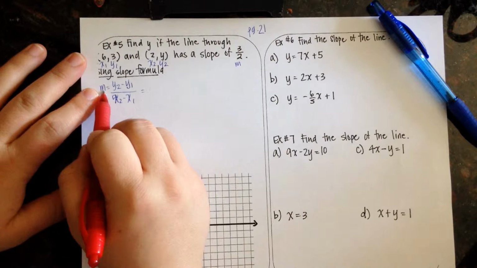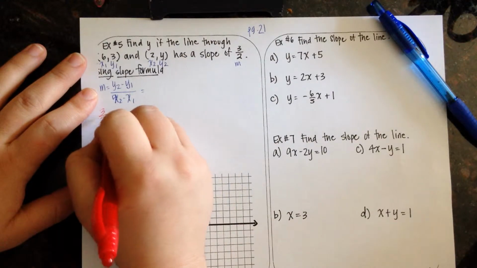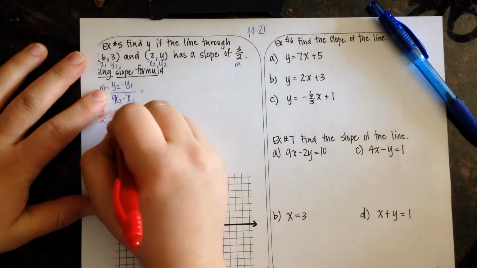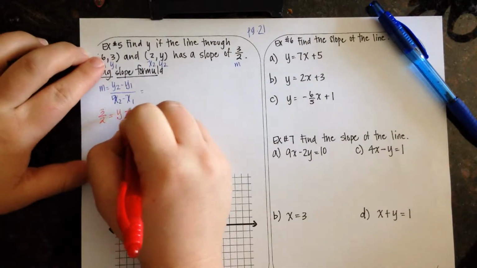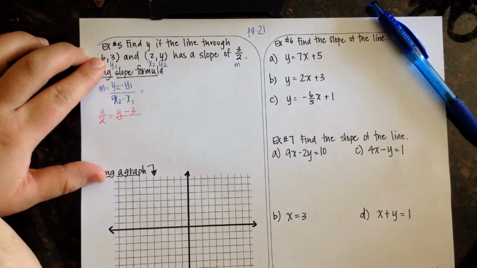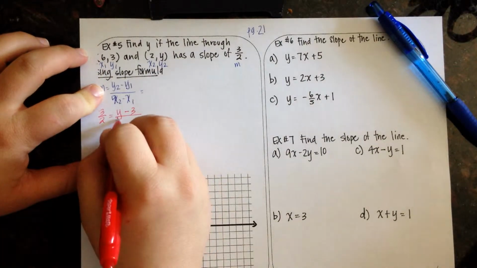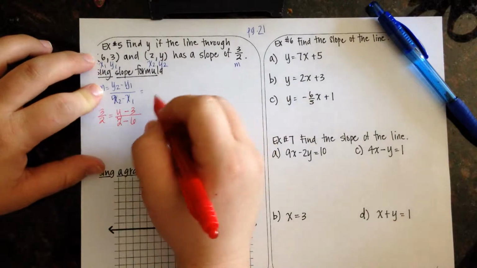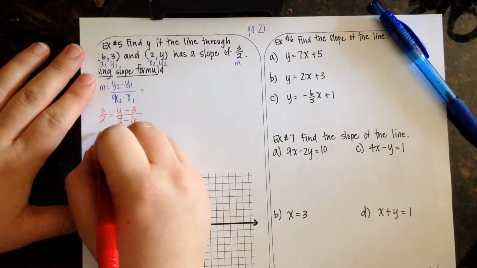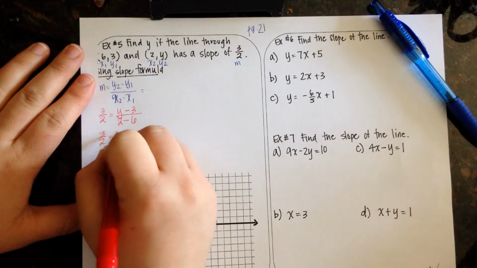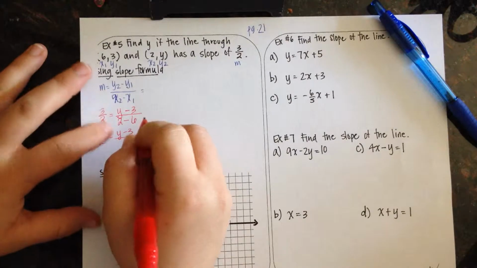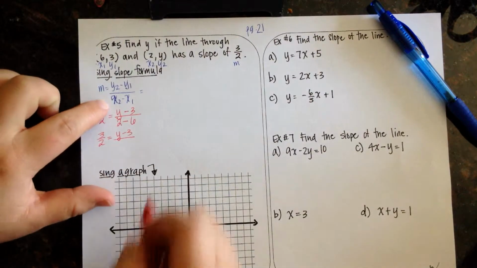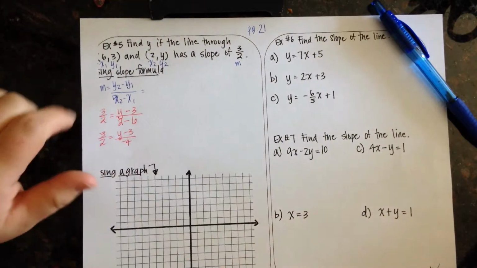So m is 3 over 2 equals y2, which is y, minus y1, which is 3, over x2, which is 2, minus x1, which is 6. And I want to simplify anything that I can. So this is going to be 3 over 2 equals y minus 3 over 2 minus 6, which is going to be a negative 4.